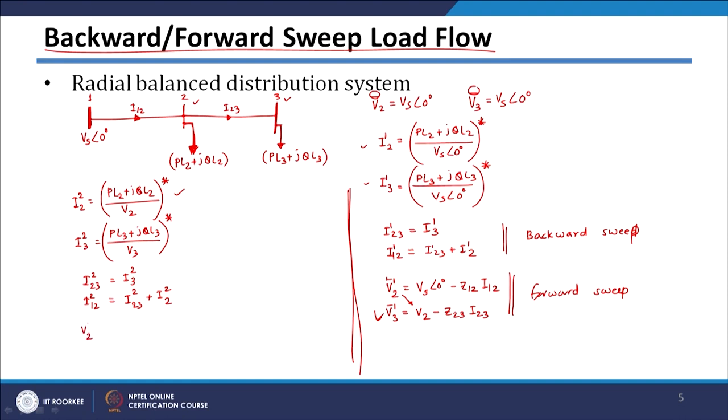So, V2 at second iteration will be equal to Vs, this voltage we are keeping constant, so it will never change.